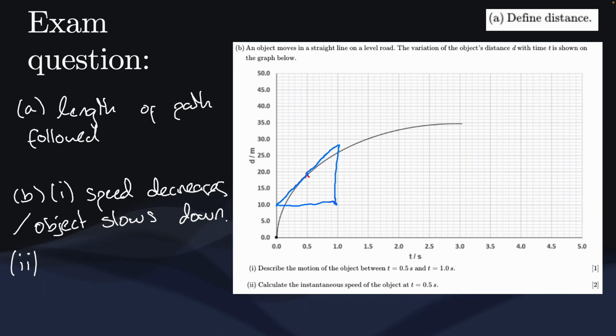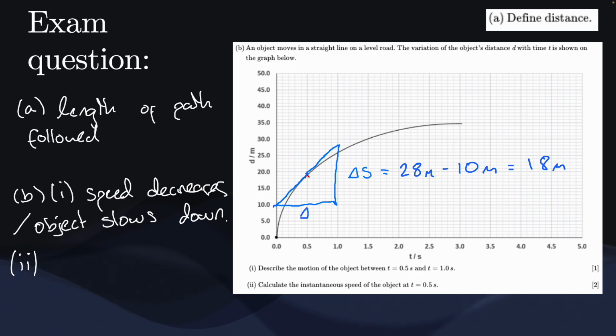Now, we have the change in displacement is equal to, here we can have 25, 26, 27, so that's about 28 meters, subtract 10 meters, which is equal to 18 meters. What's the change in time? Well, it's 1 minus 0, which is just 1 second.